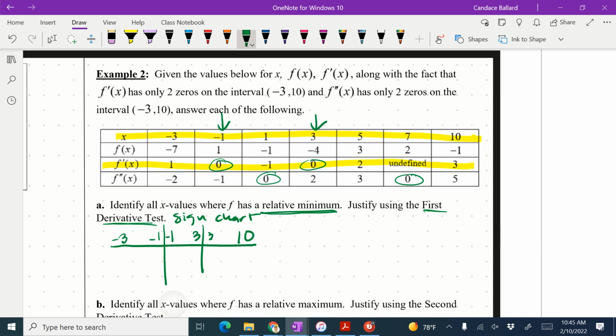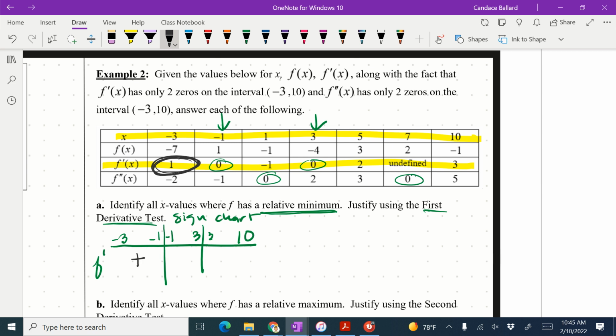And we're just looking at the first derivative. Technically, what's going on when it is less than -1? Do we have a positive or a negative? So when I'm between -3 and -1 there, what kind of number do I have? Positive, good.